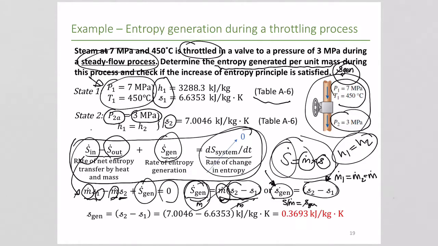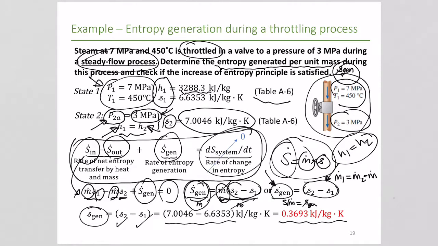So the pressure is given, and for the throttling valve the inlet and exit enthalpies are equal, and you already know the inlet enthalpy, so it gives you the exit enthalpy. Now you have pressure and enthalpy value, and from that you can look at the tables again and figure out the entropy at the exit. Now you calculated that, you subtract those values from each other, and you get the entropy generation per unit mass.